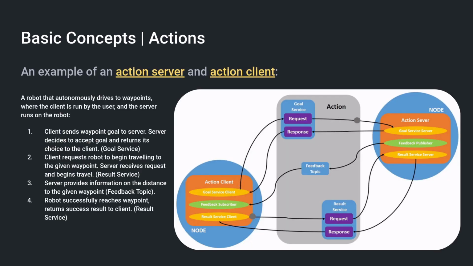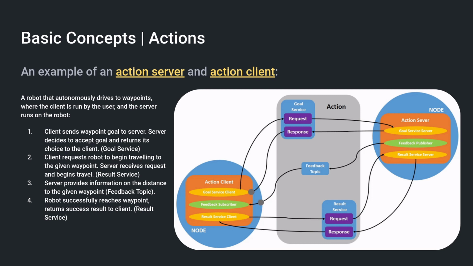So here's an example of an action server and action client. Let's say that you have a robot that autonomously drives to waypoints where the client is run by the user. So this would be the person at the base station controlling it, and the server runs on the robot.